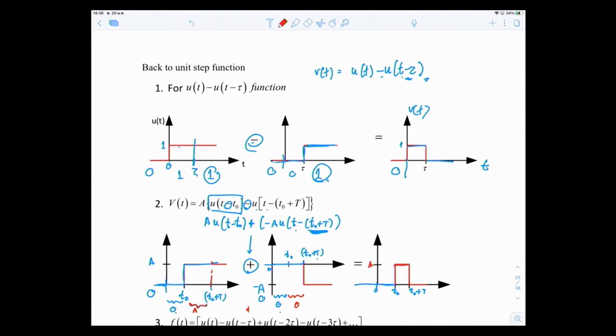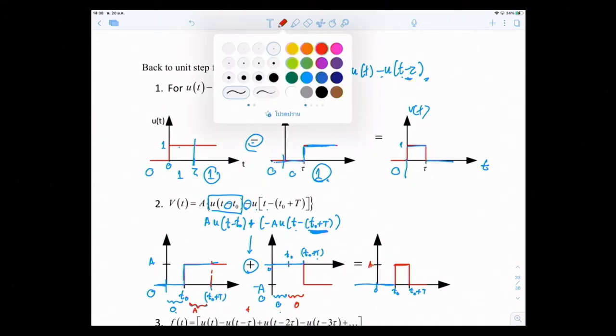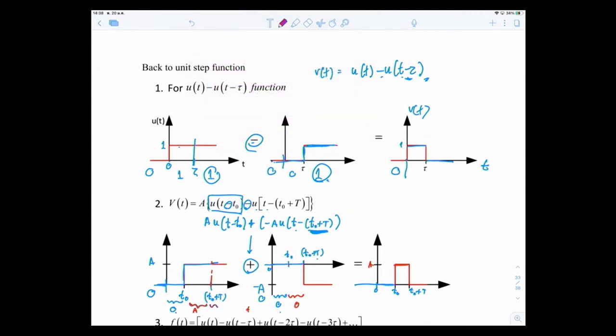Then what happens after t0 plus T? Let's change to purple. From t0 plus T onwards, this is A, and from here it is minus A, so A plus minus A is equal to 0.